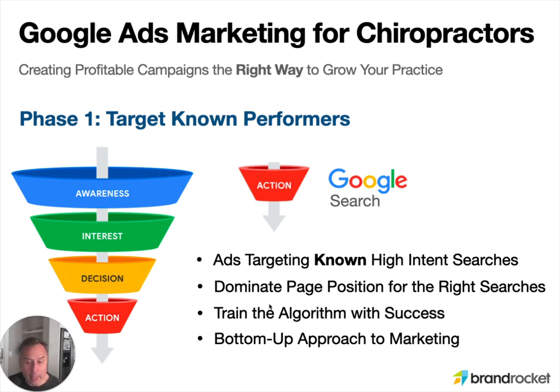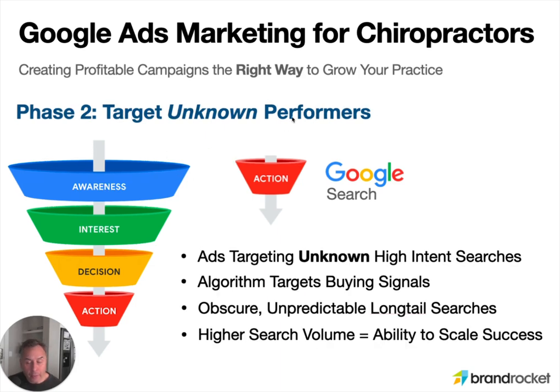And again, we're training the algorithm, right? So over time, we're training the algorithm with true success signals. And again, that's the bottom up approach. So this is pretty much like month 1 through month 2 or 3. It depends on your market, actually. So you can actually get there by going from phase 1 in month 1 to phase 2 in month 2. If it's a competitive market, it does take longer. So just know that.